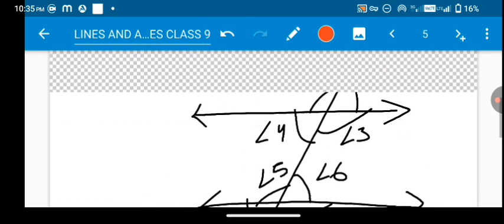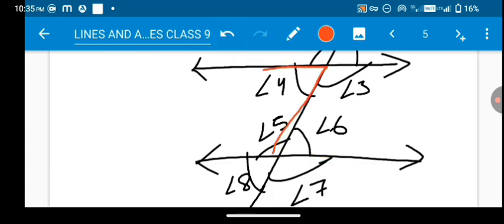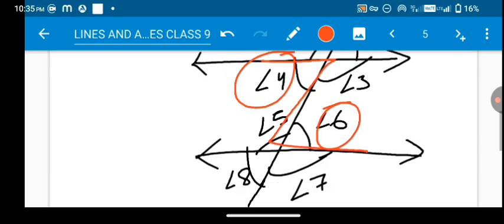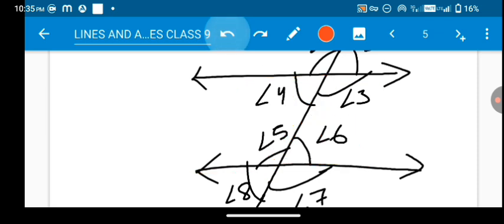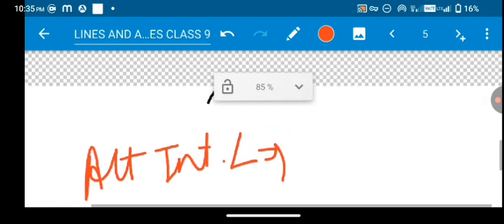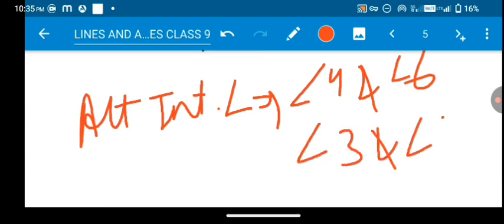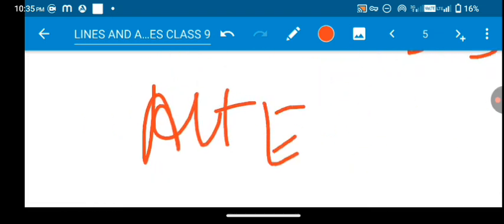What are the pairs which form a Z? Here it is forming angle 4 and angle 6, angle 3 and angle 5. Alternate interior angles.